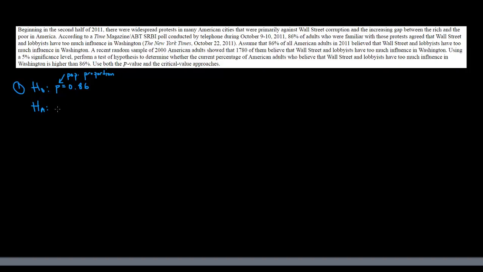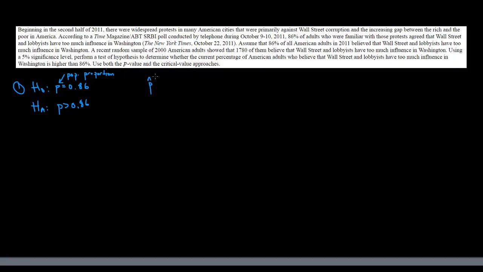Okay? Now, the alternative hypothesis comes from this second to last sentence. It says, conduct a hypothesis test to see if the current percentage of American adults who hold that belief is higher than 86%. So we want to see if P is actually greater than 0.86 in 2016 as opposed to 2011. Now, we have sample data just off to the side. Let's look at this.